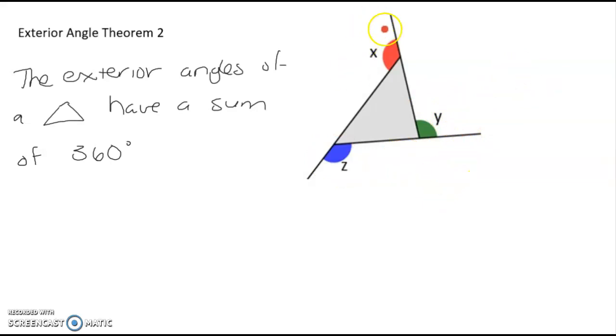And when you think of it, it makes sense because from here to here, to here to here, and here and back up is a full circle, which is 360 degrees. So that is written like this: angle X plus angle Y plus angle Z equals 360 degrees.